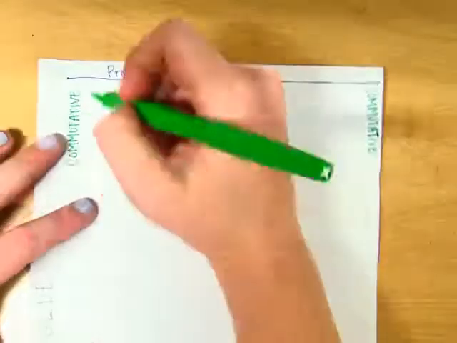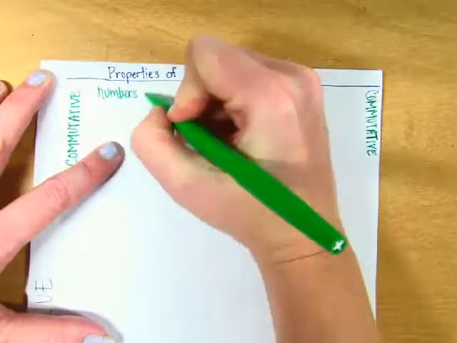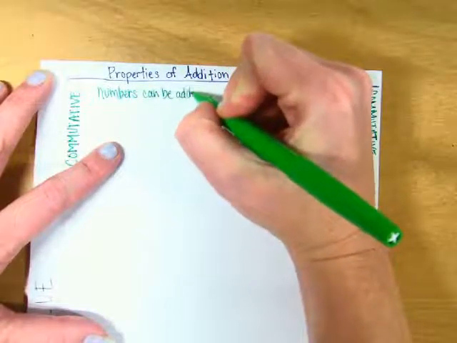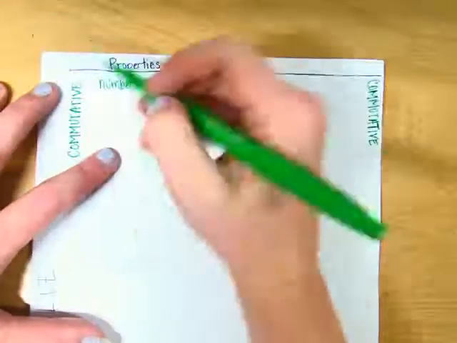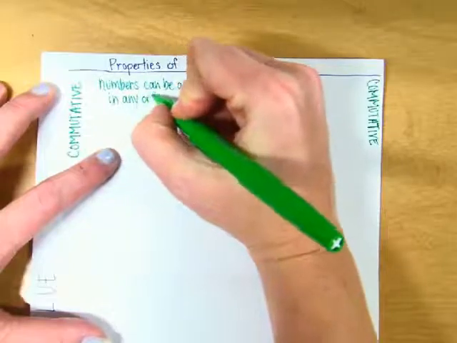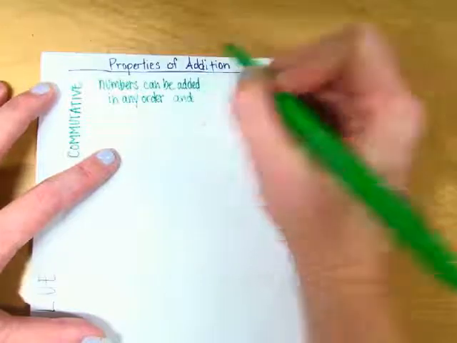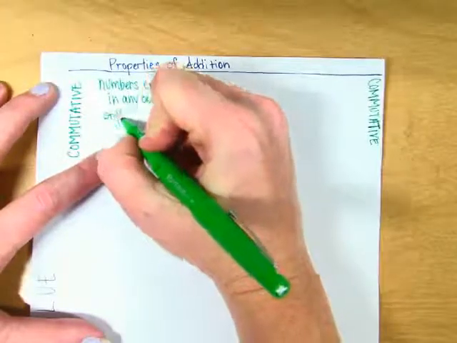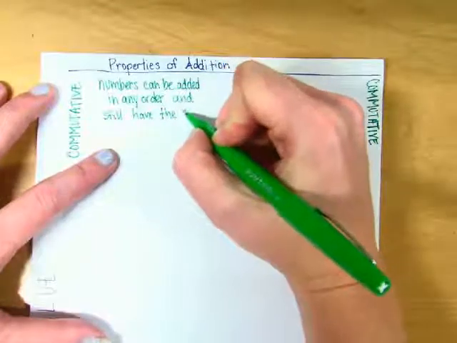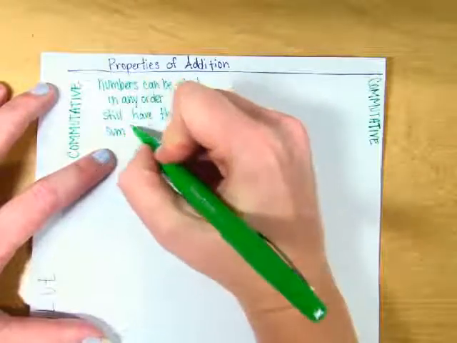So this is the property that says numbers can be added in any order and you still have the same sum, which is the answer to an addition problem.